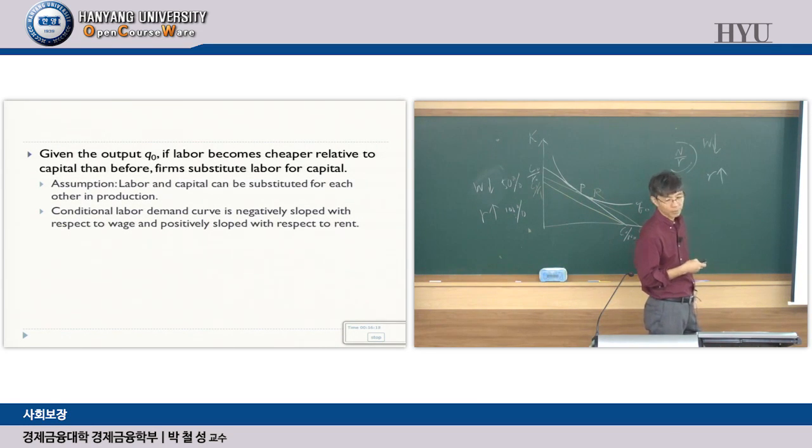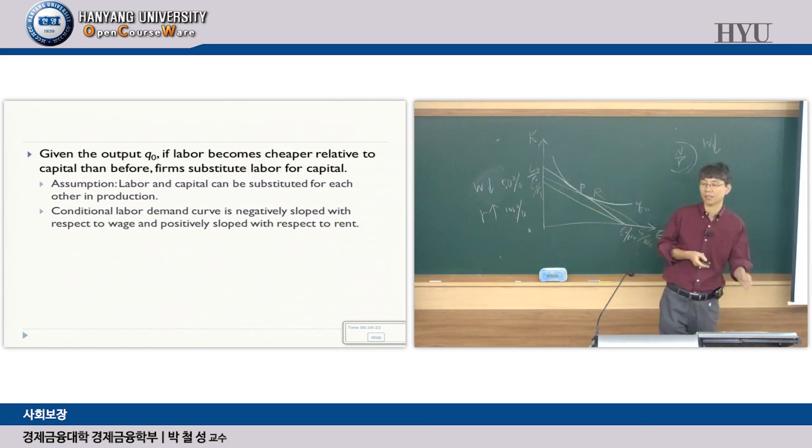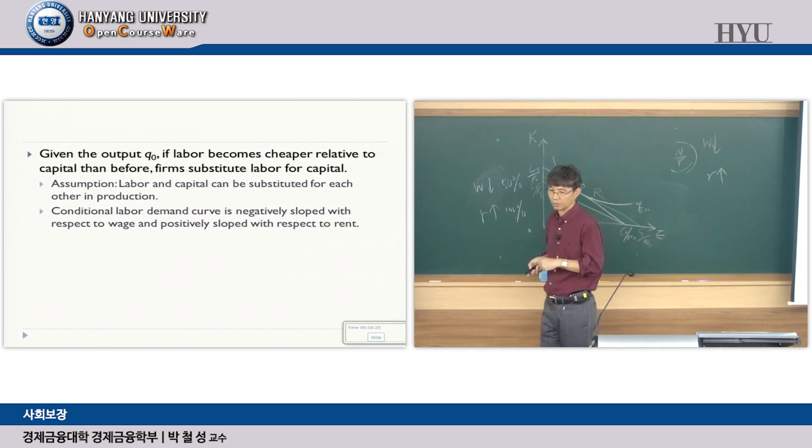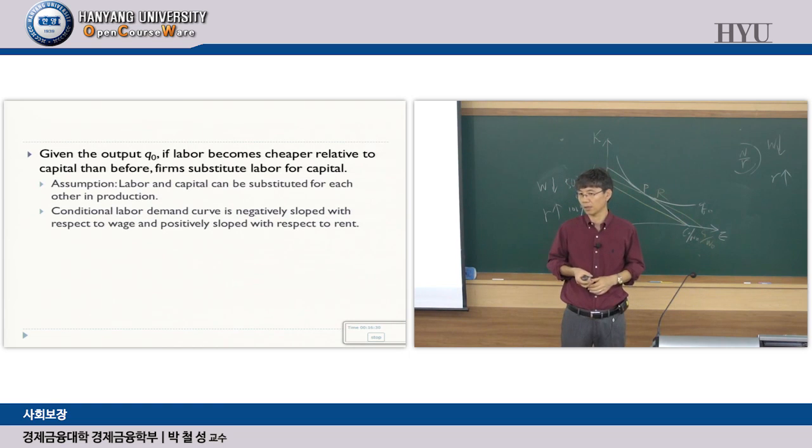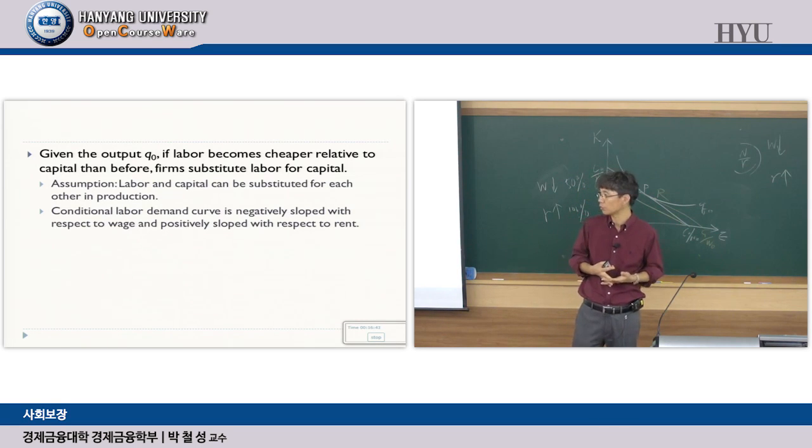The assumption obviously should be that labor and capital can be substituted. In some cases it cannot be substituted. If it's not substituted, then actually no change will happen. Like the complements case, if you have learned production theory. In some cases, capital and labor should be used at a fixed ratio to produce 1 unit of output. Then there can be no substitution, right?